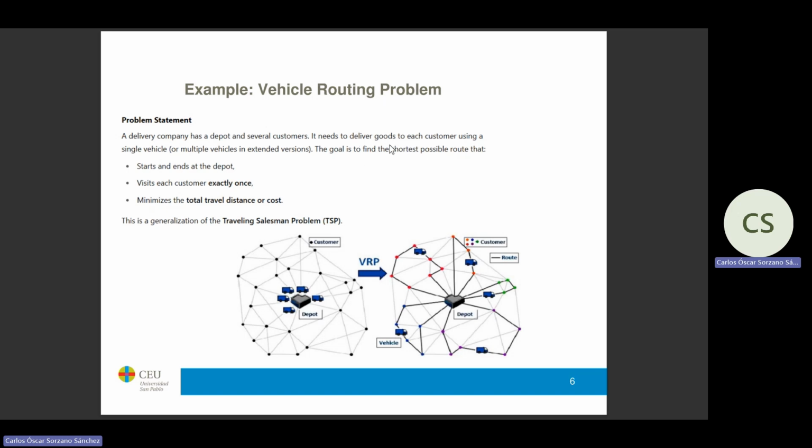And the goal is to find the shortest possible route that starts and ends in the depot, visits each customer exactly once, and minimizes the total travel distance or cost. So this is a generalization of the traveling salesman problem. Here you have multiple solutions, for instance, you may have one vehicle making this route, some other vehicle doing this route, and so on.